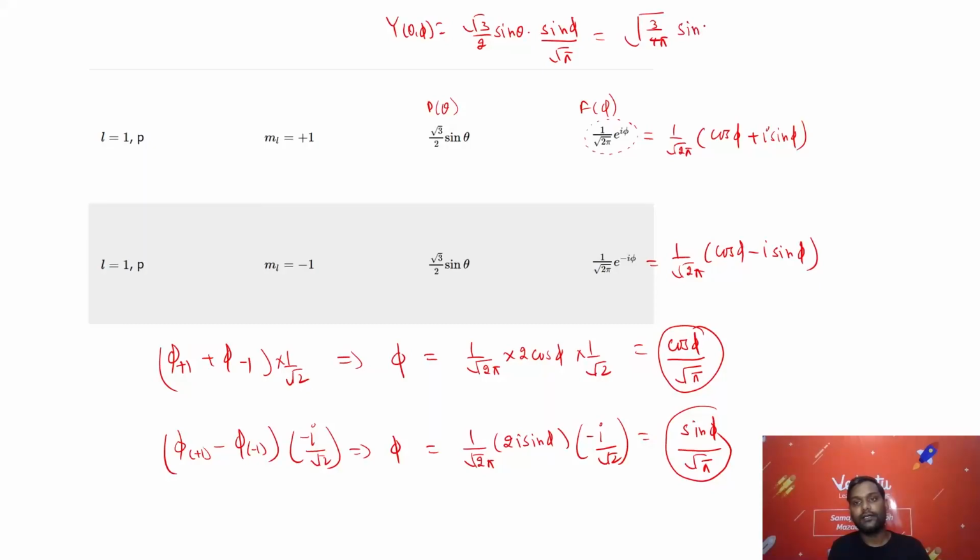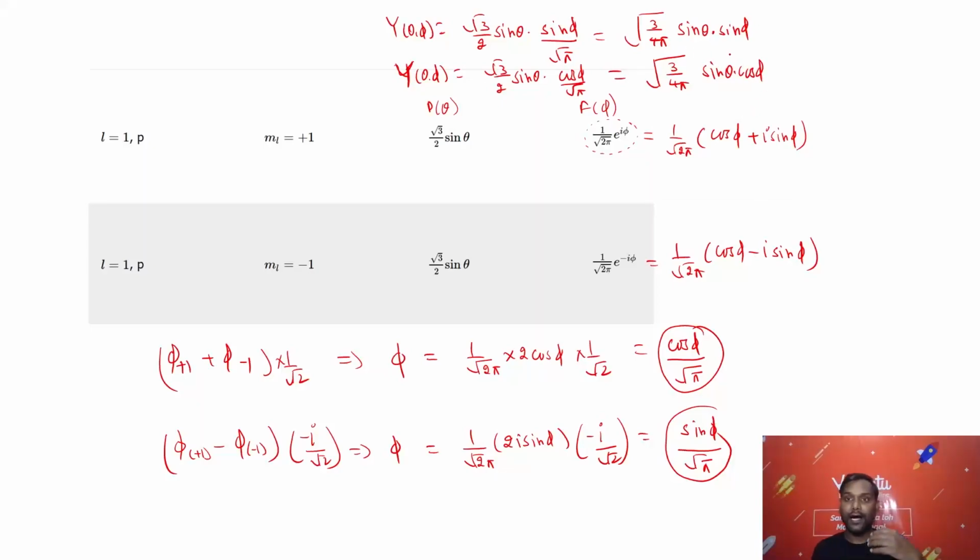sine theta sine phi, and the other one would be, this is y, sorry, theta phi would be root 3 by 2 sine theta cos phi upon root pi, which gives us root of 3 by 4 pi sine theta cos phi.